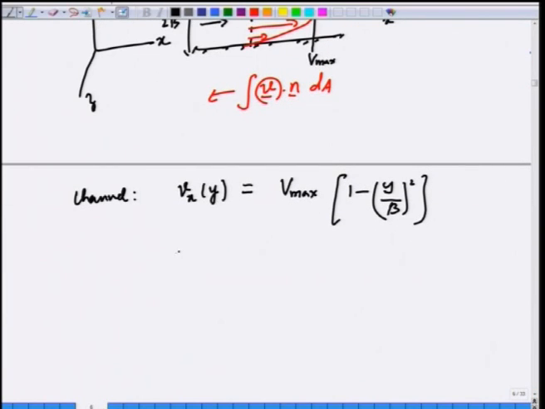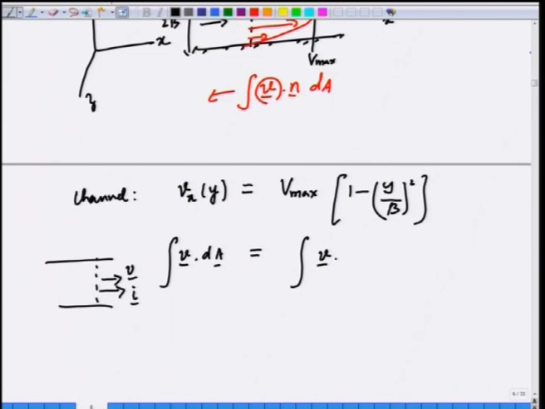Then if you want to integrate the integral of v dot dA, suppose fluid is exiting the channel in the x direction and the unit outward normal is also in the I direction, along the x direction. Then v dot dA is simply v dot I times dy times W, where W is the width of the channel in the third direction, perpendicular to the board.